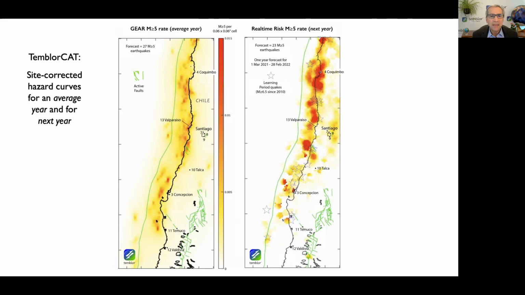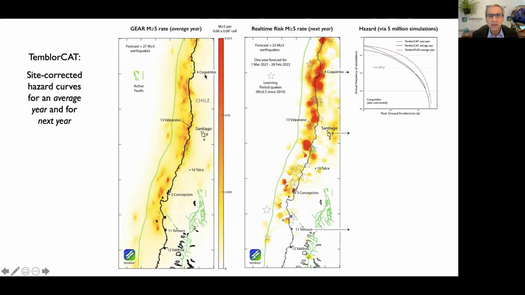So compare a place like Coquimbo. It's a lot redder next year than an average year. And now what we're able to do is create hazard curves. So here is the hazard curve for Coquimbo. The black and blue are an average year, and this is next year. So that's almost 2 orders of magnitude higher hazard.